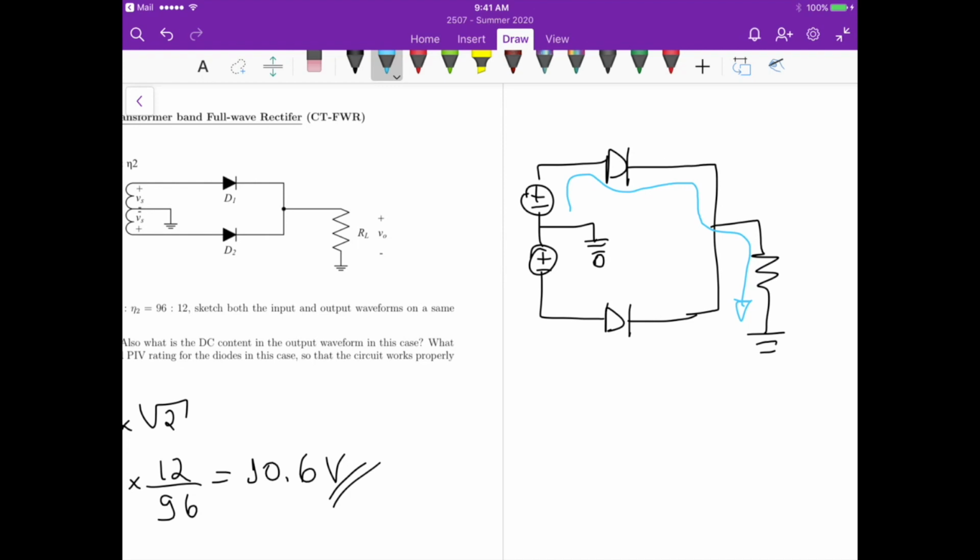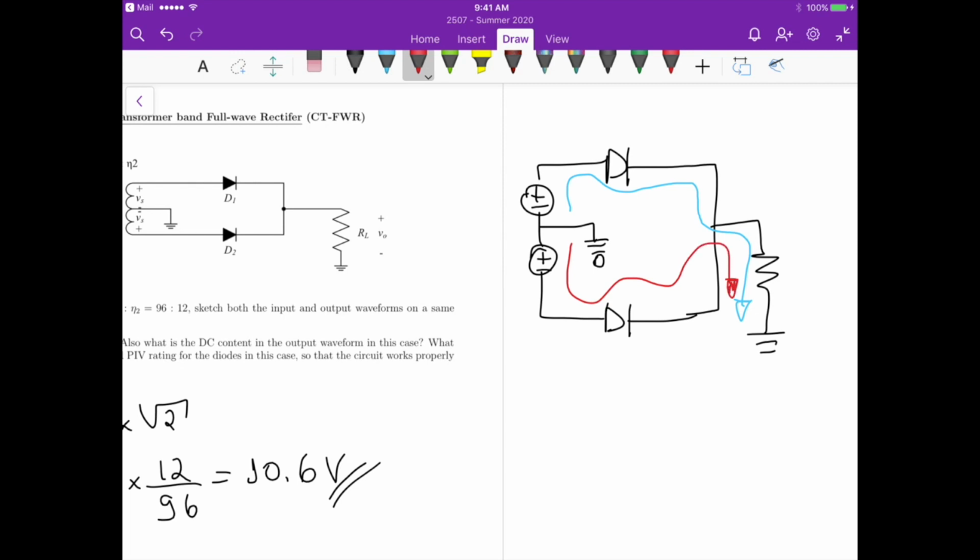Now, if diode 2 was also conducting, we would have a current flowing in this direction to the ground, right? But because it blocks current flowing in that direction, that's not occurring. Okay, so this is the first half cycle. Now for the negative half cycle, we would have a current that's flowing in this direction here.